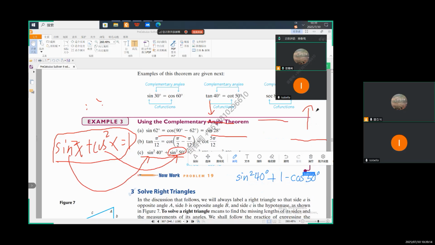It is true, but what I'm saying is I want to make sine 50 degree equal to cos 40 degree, which is the complementary angle theorem. Oh, right, we use the theorem.